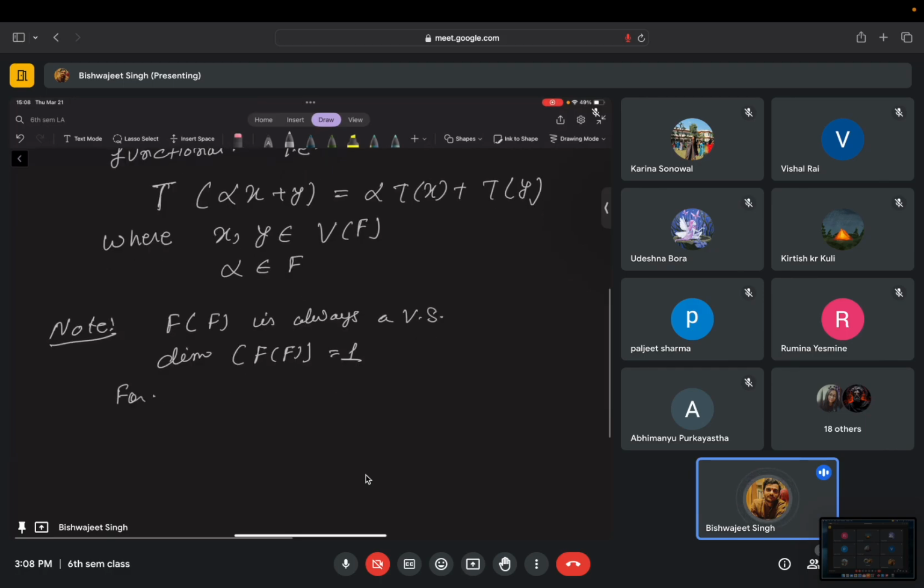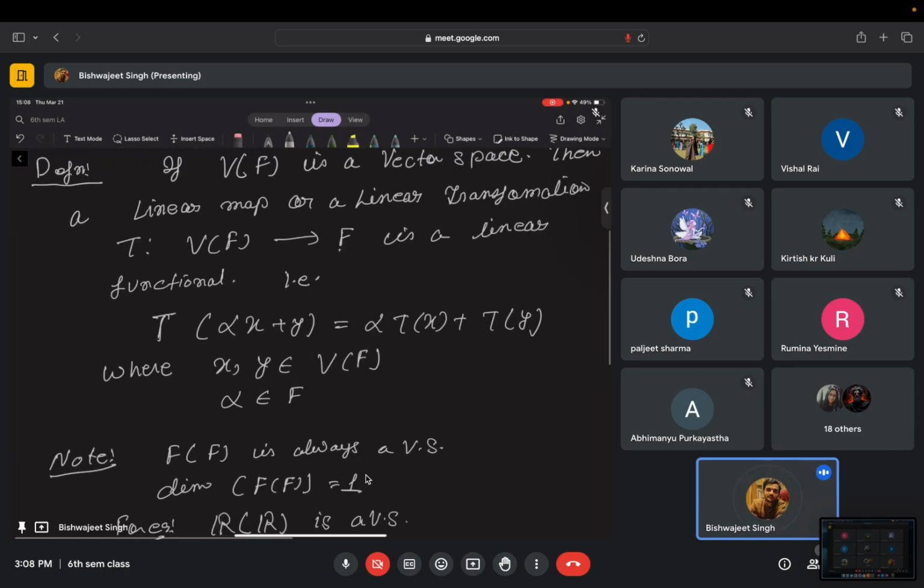For example, I think you have already studied this, R over R is a vector space, and the dimension of R over R is 1, because obviously it can be generated by a single element. Okay, so this is fine.